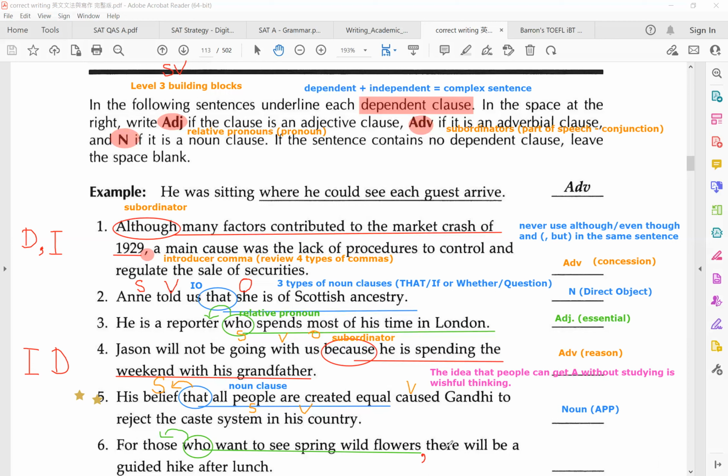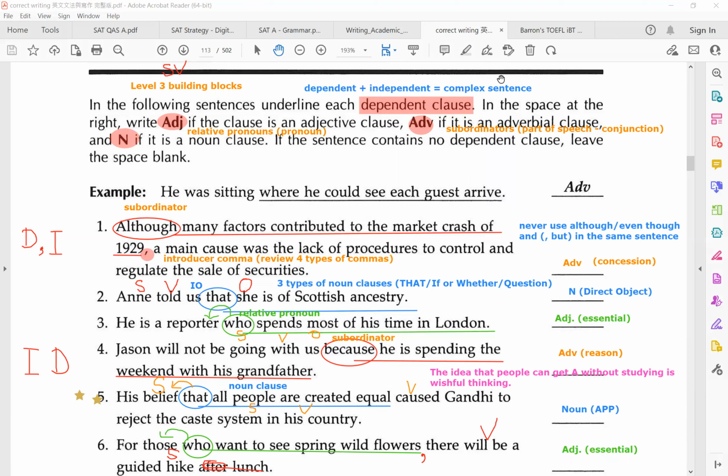It is an adverb function. So it is actually a verb preceding subject type of sentence. So your independent clause is a guided hike will be there. Okay, and this is an adjective clause. I should use green. And of course, without the comma, it is an essential adjective clause.